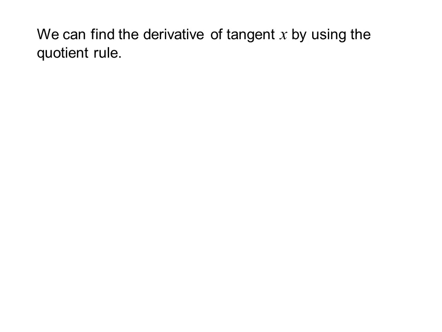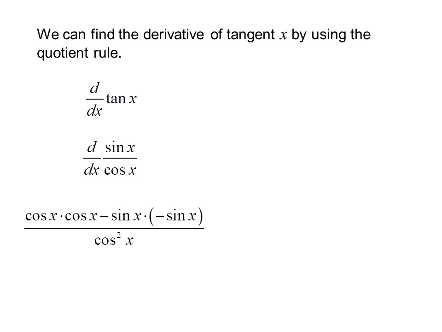We can find the derivative of tangent x by using the quotient rule. Start with the derivative with respect to x of tangent x and rewrite it as d dx of sine x over cosine x. Now, using the quotient rule, we have the derivative of the numerator times the denominator minus the numerator times the derivative of the denominator, over the denominator squared.